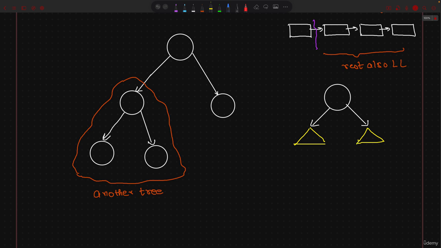We are going to talk more about it, but I want to make sure you understand that each of these subtrees can be individually treated as a tree, because this is my node or the root node. And then we have the left and right, or maybe multiple children as well. So let me draw multiple children here.